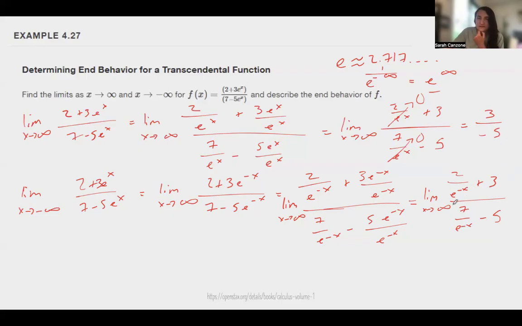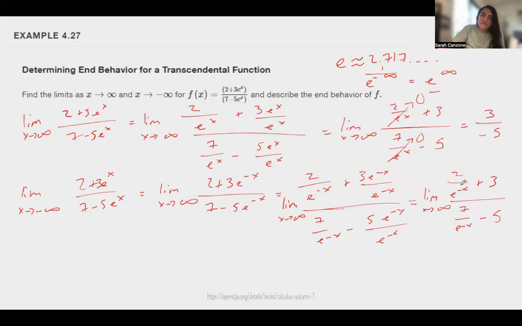But we still run into a slight issue here, right? So we try to plug in positive infinity, but we need to adjust this again. So let's see, we can adjust this function again.